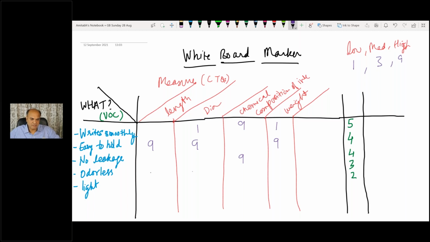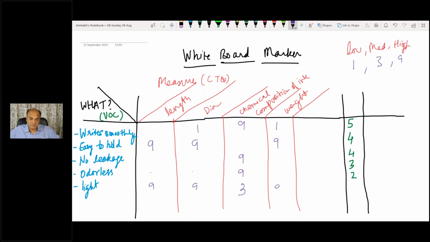Odorless, not related to length and diameter, but chemical composition, of course, it is related. And weight, well, not related. Light, length, yes, it is related. Diameter, related. Chemical composition, yeah, mildly related, but not so much. So I'll put, say, 1 or 2, maybe 3. And weight is here. How much?